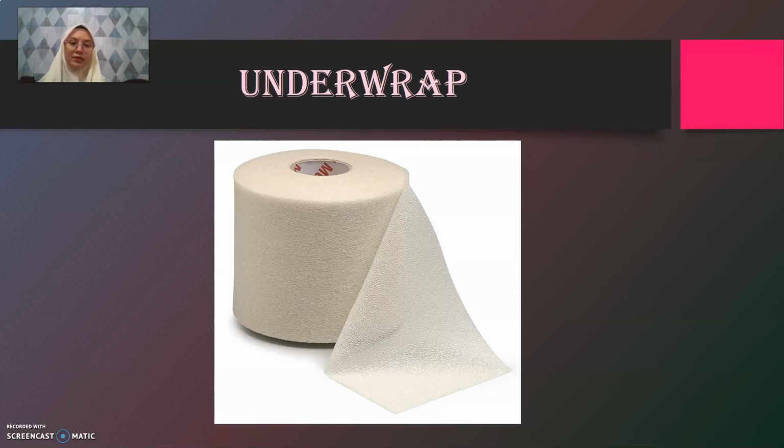This lightweight foam film is used to protect the skin from the glue used in zinc oxide style tape. It is simply wrapped around the area, and the tape is applied over it.